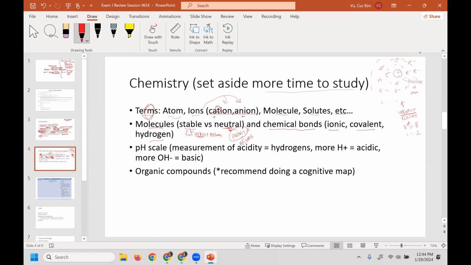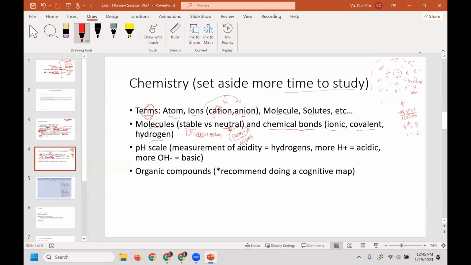For example, which of the following is the strongest chemical bond? What would you say? What's the strongest chemical bond amongst these 3? Perfect. Covalent is the strongest.